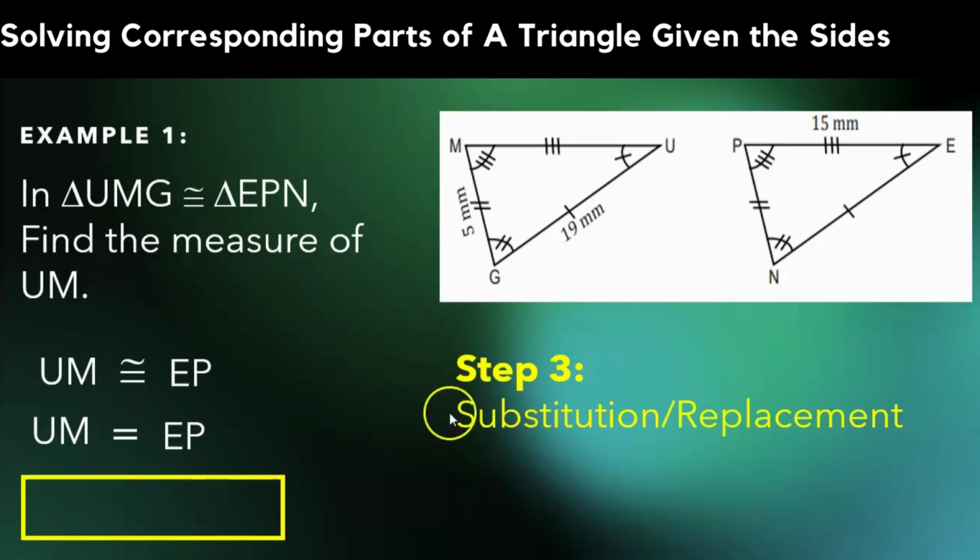Step 3. We are now going to have substitution or replacement. Ibig sabihin, papalitan lang po natin sila. Kung ang UM po natin dito is missing or there is no measure yet, ang gagawin mo kay UM ay kokopyahin mo lang muna, at saka si equal sign.